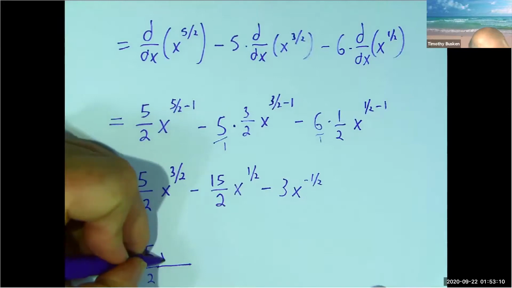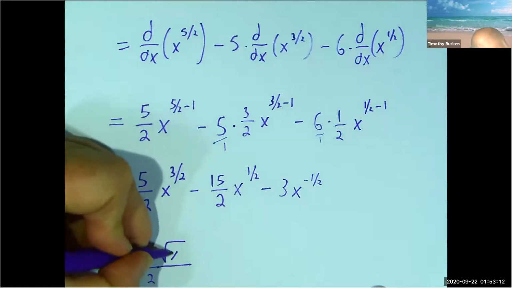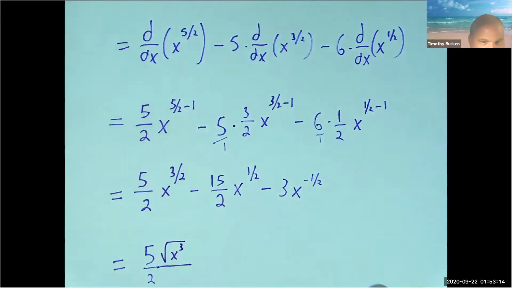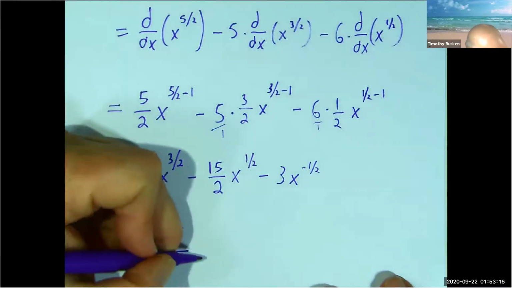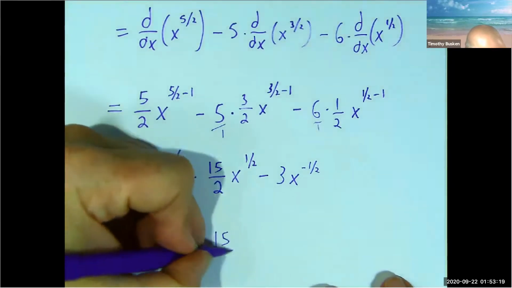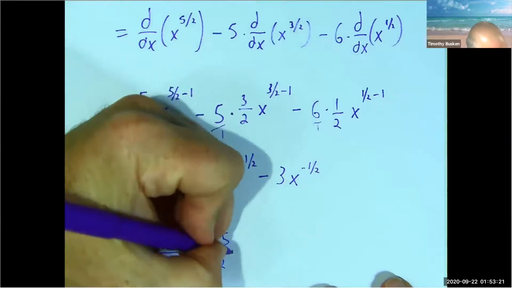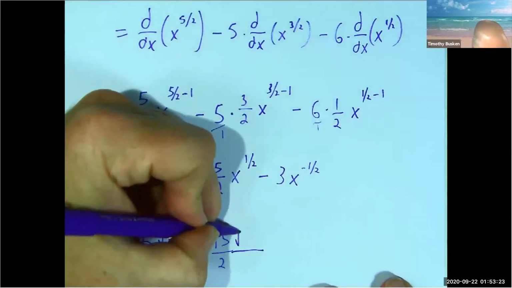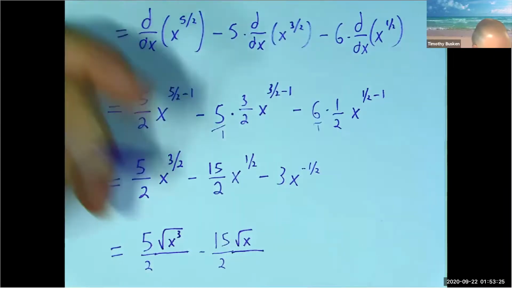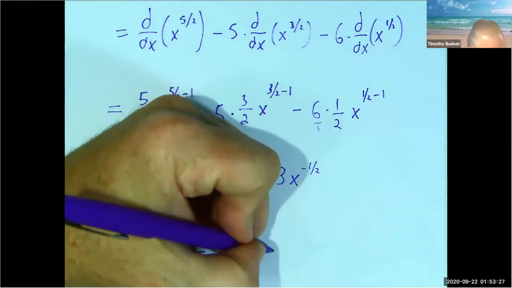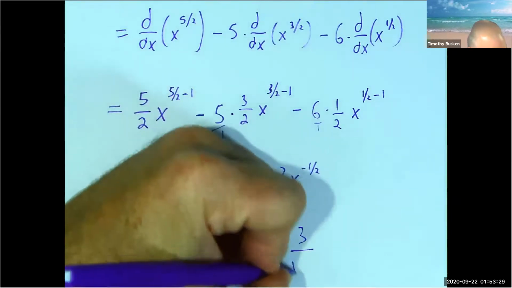That'd be the same as the square root of x cubed. And then minus 15/2 times the square root of x. And then minus 3 over the square root of x.